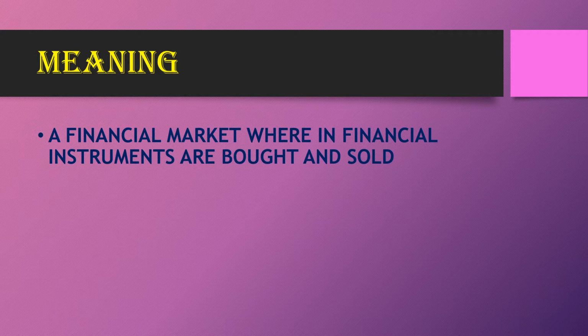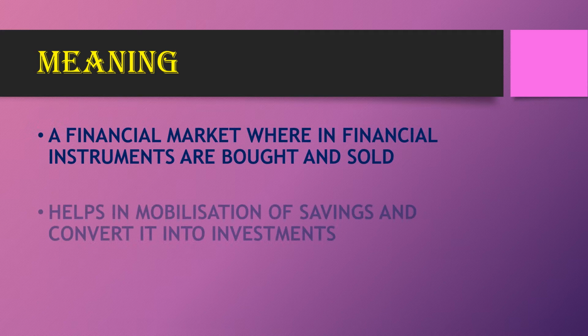A financial market is where financial instruments are bought and sold. Here we have various instruments being bought and sold, like bills of exchange or cheques, and all those that are relevant to finance. It helps in the mobilization of savings and converts them into investments.